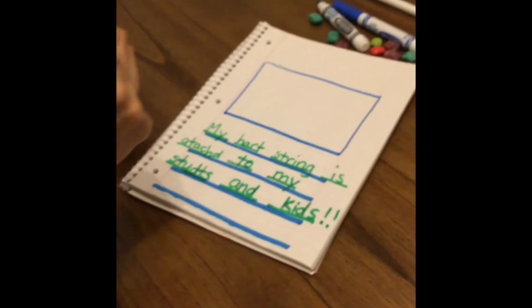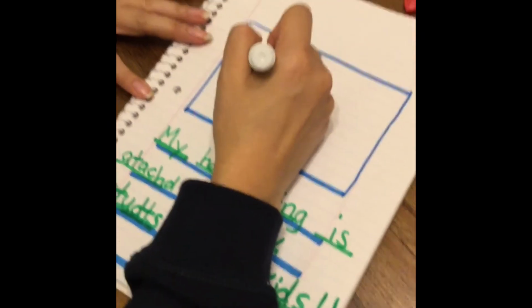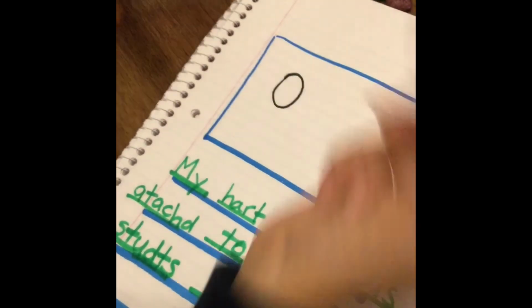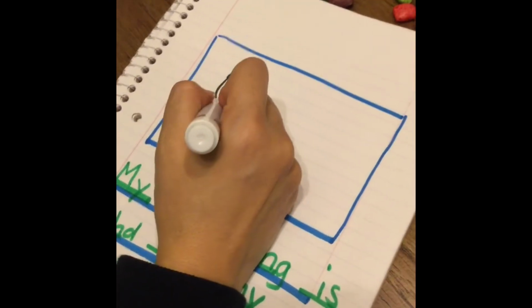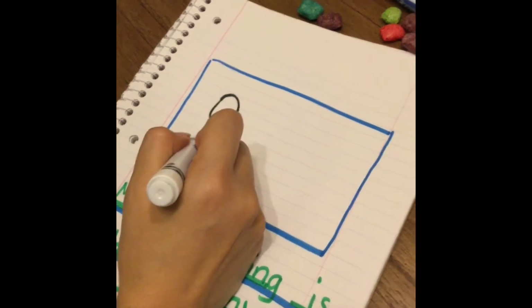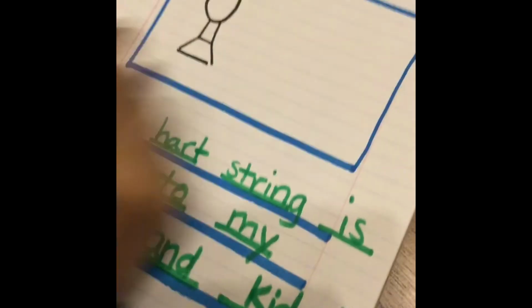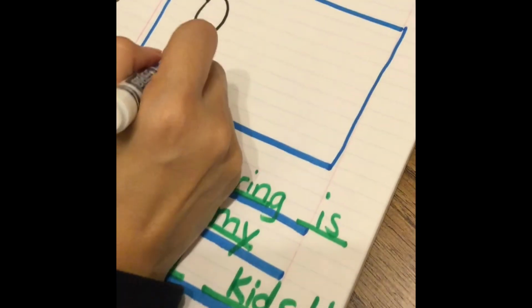And the last thing we're going to do is we've got to draw our picture. Our illustration has to match our sentence, right? Our story. So I'm going to draw Miss Avila and how we draw people. We start with an oval and then a rectangle for the body. You could do a trapezoid for the skirt or 2 rectangles for pants. There we go.